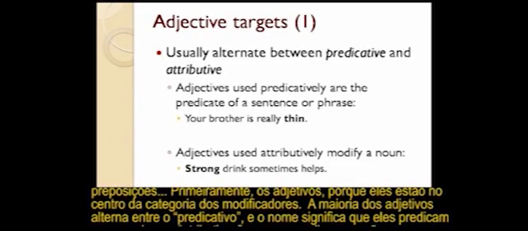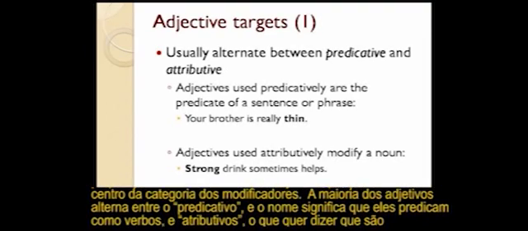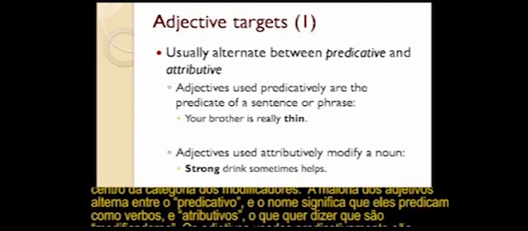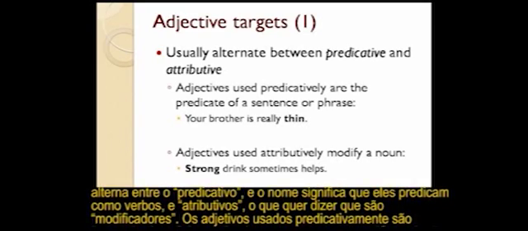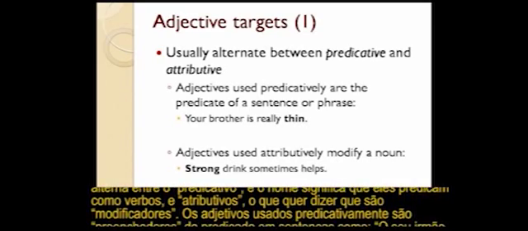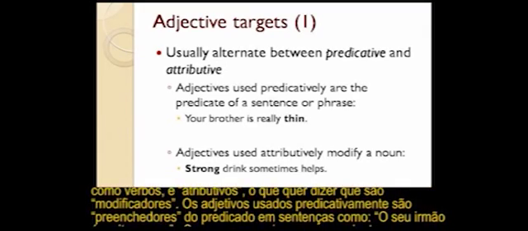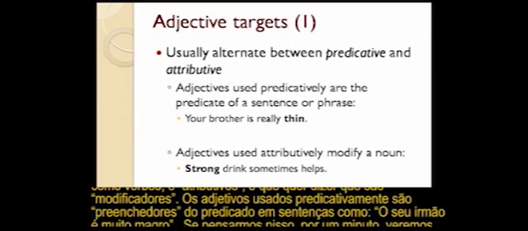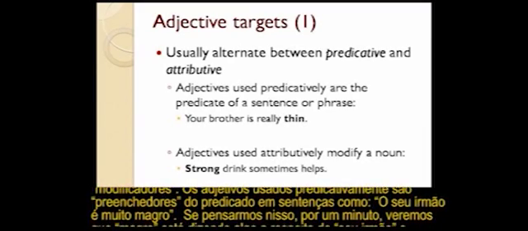Most adjectives alternate between predicative, which, as the name means, is that they predicate like verbs, and attributive, which means they're modifiers. So adjectives used predicatively are things that fill the predicate, like in this sentence, your brother is really thin.